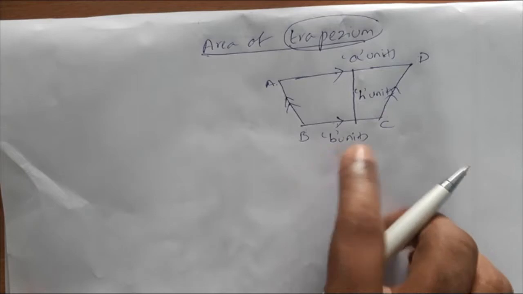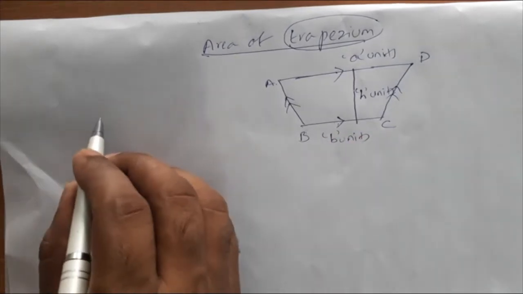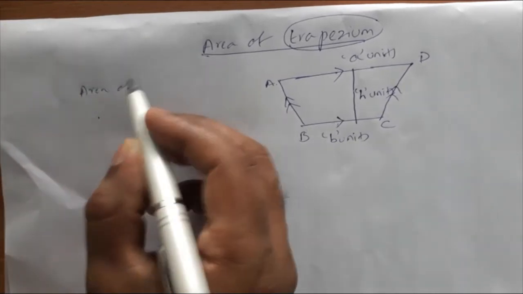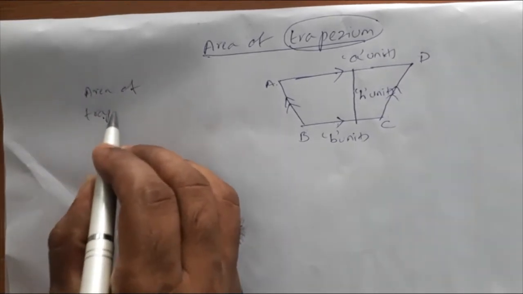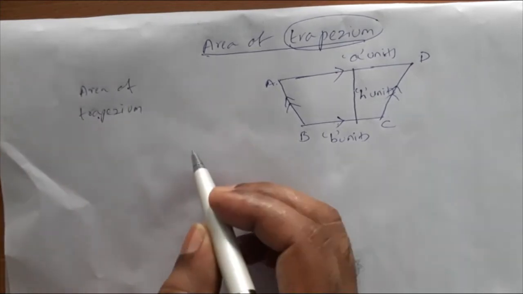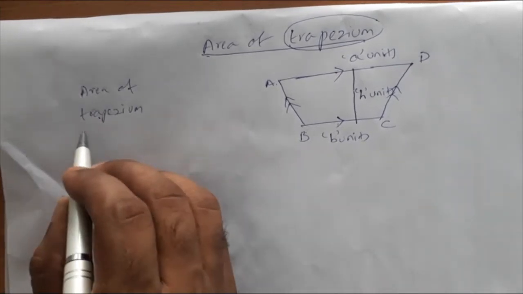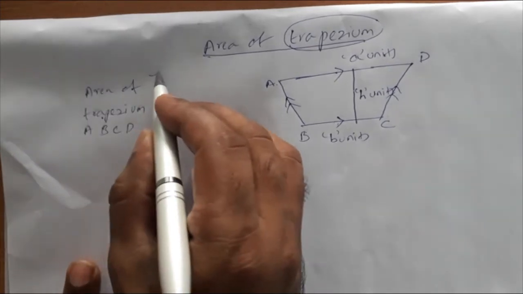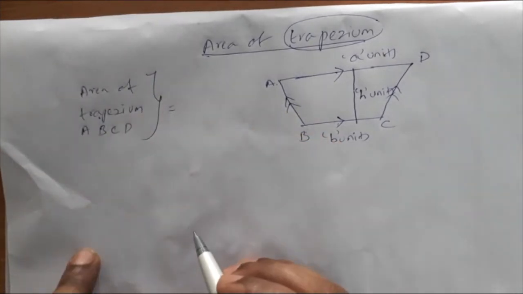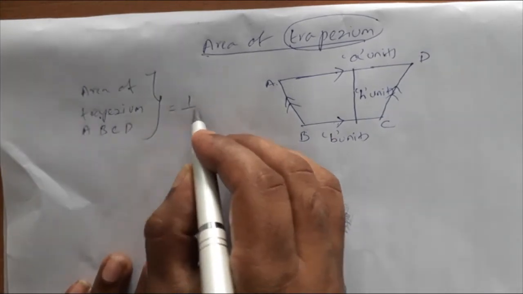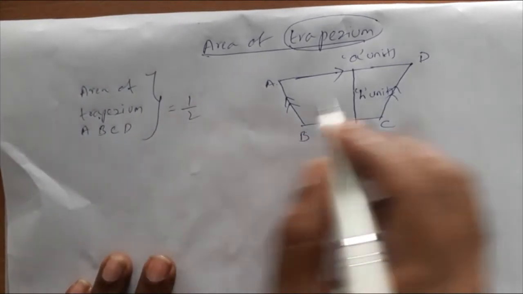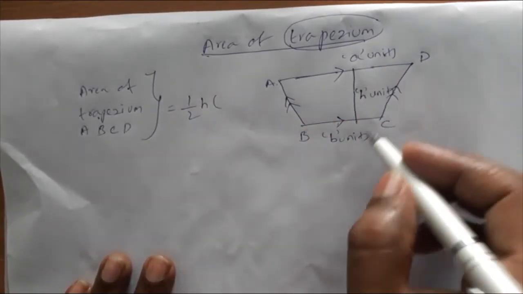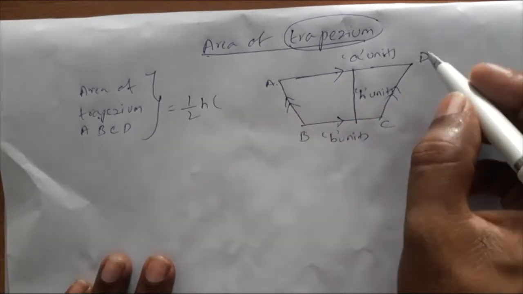Now see the formula for finding area of this trapezium. Area of trapezium ABCD equals half into height h into sum of these parallel sides, that is a units and b units.